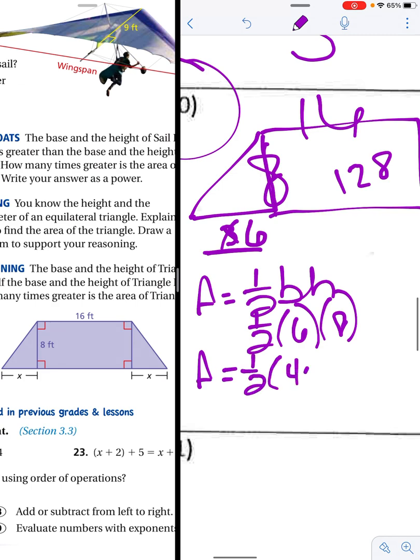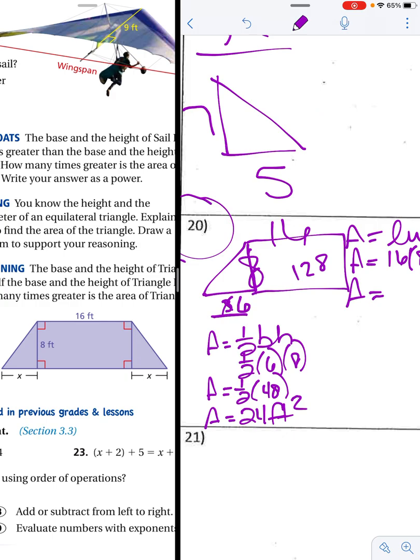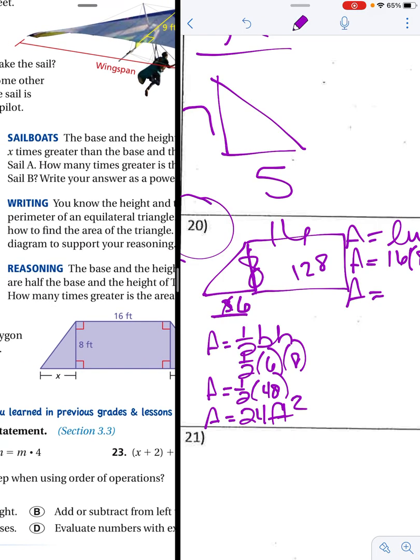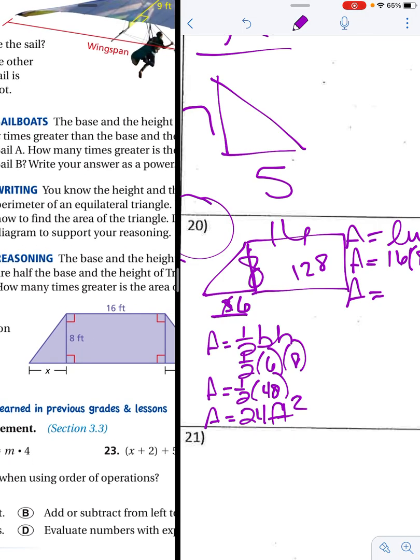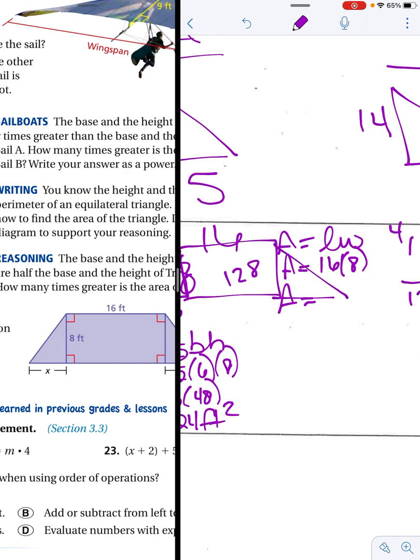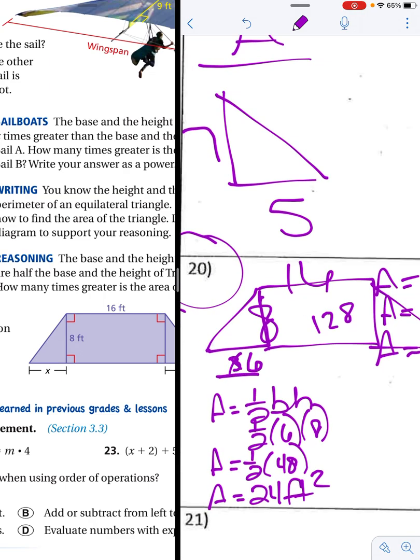Half of 48 is 24 feet squared. So that triangle, the base of x, when we're finding x on here, has to be 6. And then on this side, it would be 6 as well.